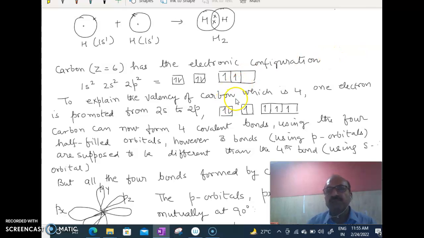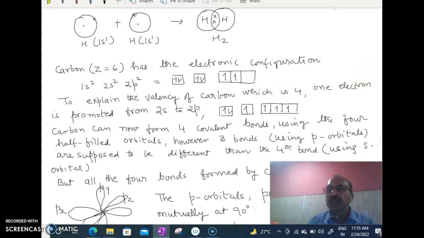So to overcome this difficulty, it was suggested that it was possible for an electron to jump from the 2s orbital and go to 2p, giving rise to 4 unpaired electrons or 4 half-filled orbitals, which would then be used to form 4 covalent bonds of carbon.